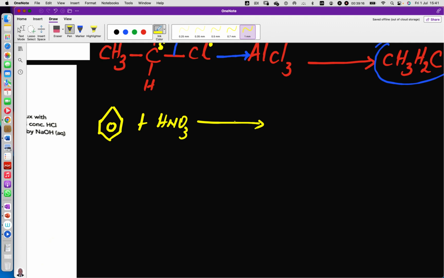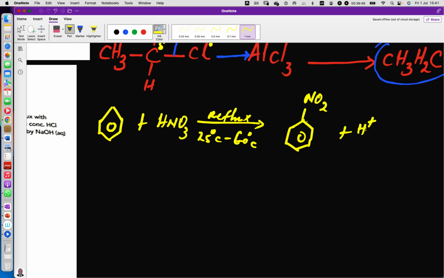The reaction mixture is refluxed at a temperature of 25 degrees Celsius to 60 degrees Celsius, and the outcome will be nitrobenzene plus a hydrogen ion.